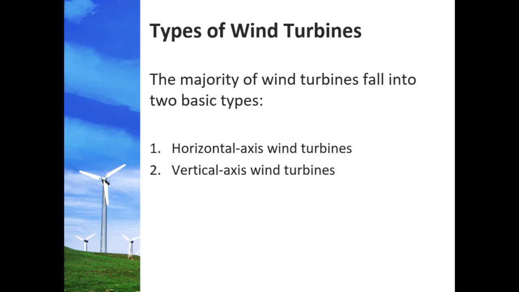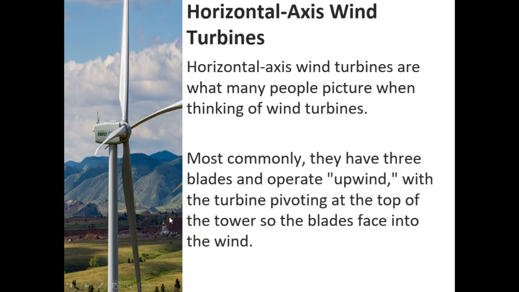We've got two types of wind turbines: horizontal axis and vertical axis. Horizontal axis wind turbines are the ones that everybody knows. We've seen them in the movies, we've seen them everywhere, and it's the most commonly used type, where we've got three blades that operate upwind, with the turbine facing the direction of the wind, and the blades are located at the top of the tower of the wind turbine.